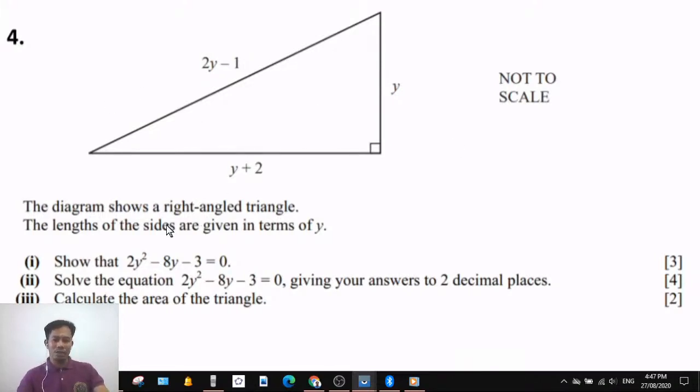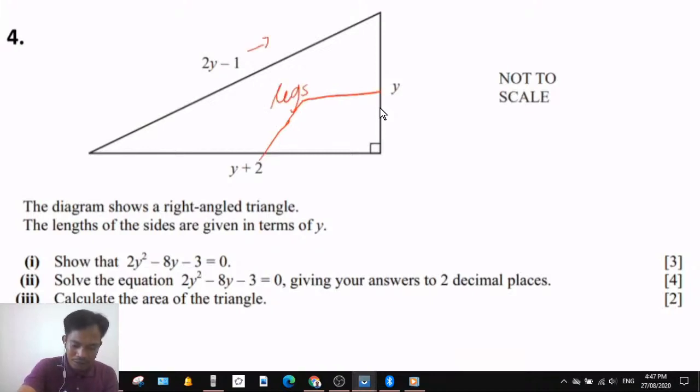So you will notice the sides y and y plus 2 are the legs of the right angled triangle. We call these two legs. Okay, these are legs. This one, 2y minus 1, is called hypotenuse.